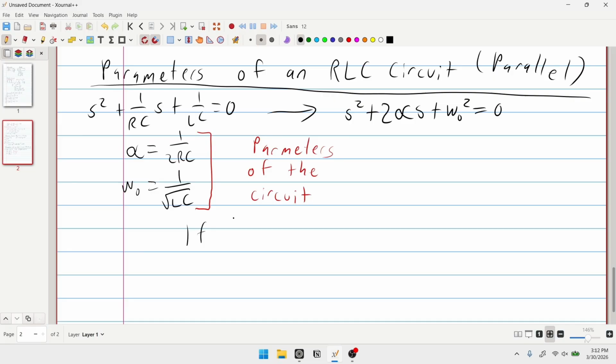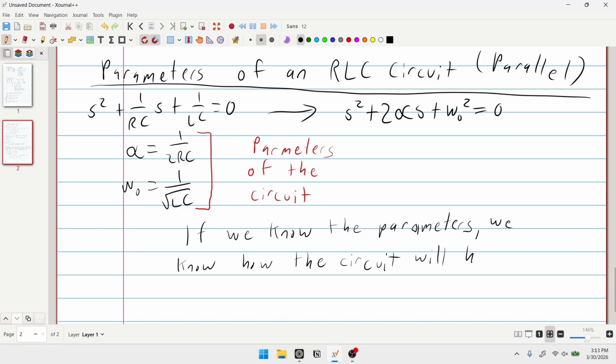So if we know the parameters, sorry about my bad handwriting, we know how the circuits will behave, okay? And so, let me make a new page to go into more depth.